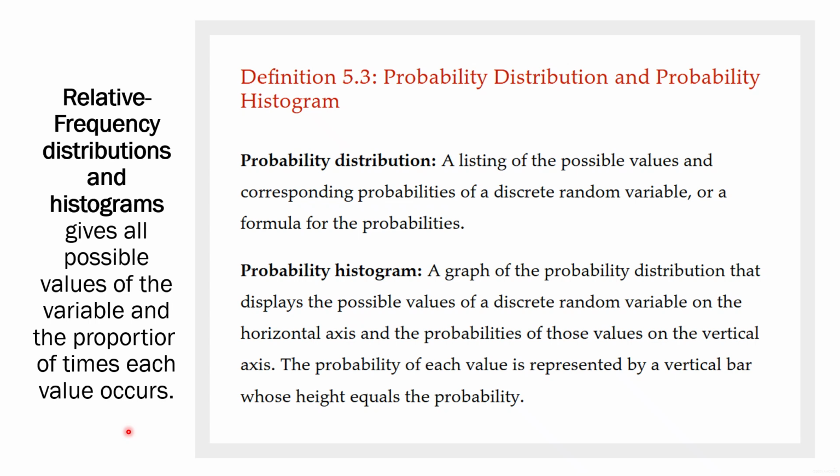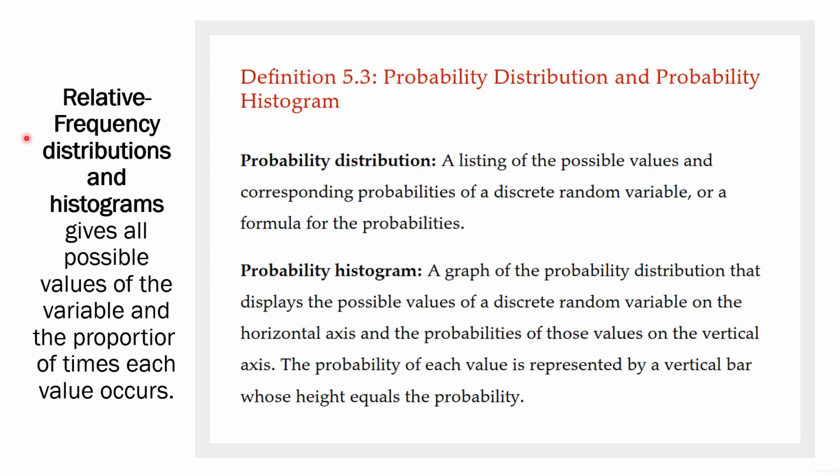If it's a relative frequency distribution, it will give you all the possible values of the variable and the proportion of times each value occurs. Now, a probability distribution is a listing of all the possible values and the corresponding probabilities of a discrete random variable, or a formula for the probabilities. And of course, the histogram is then the graph of that probability distribution.